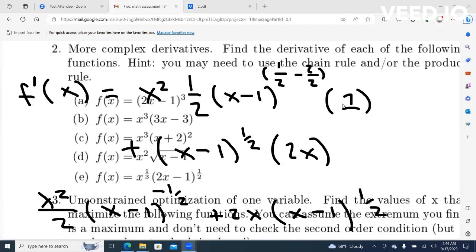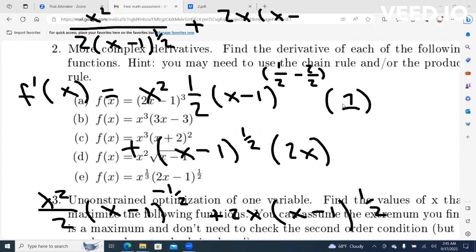I see x squared over 2 times x minus 1 to the positive 1/2 coming down below, plus 2x times x minus 1 to the 1/2 over 1.